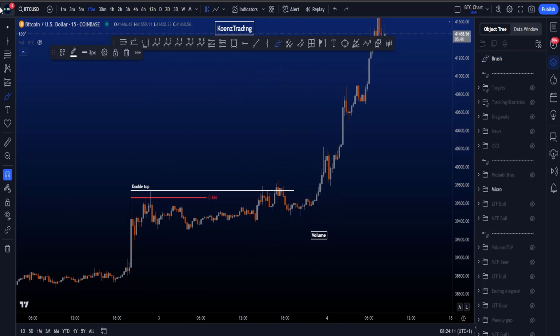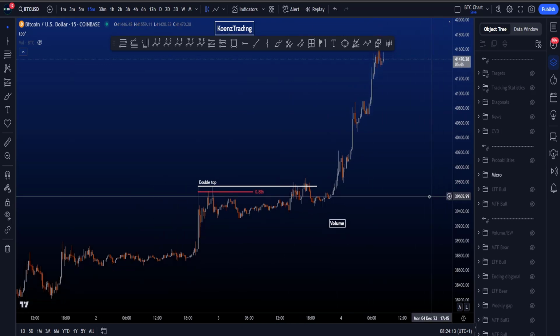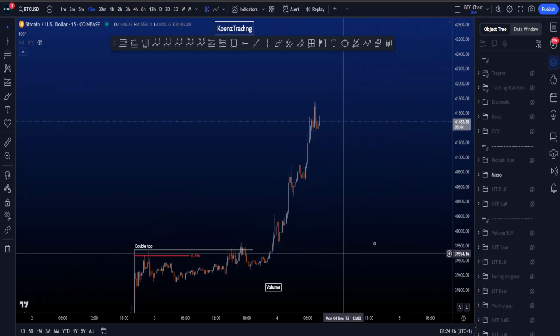But then of course we continued pumping to the upside, which also was the highest probability scenario.